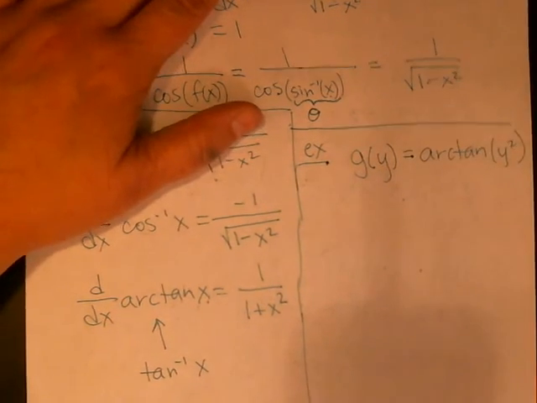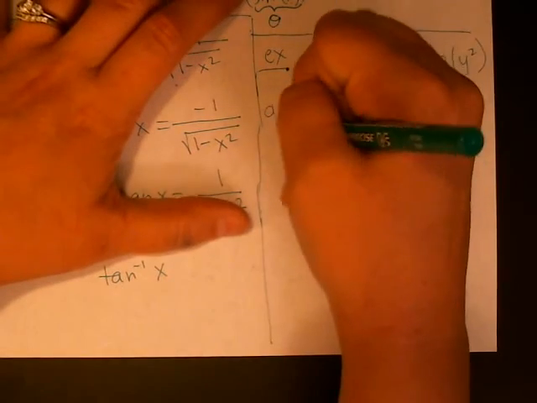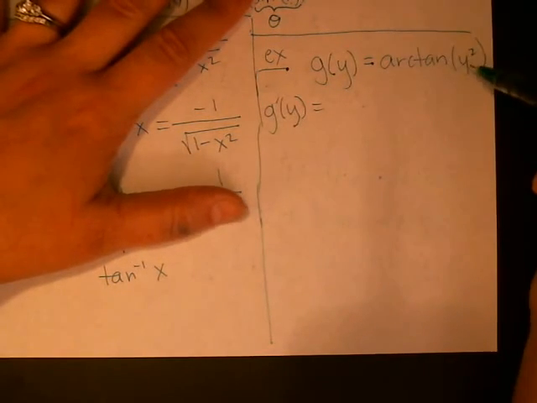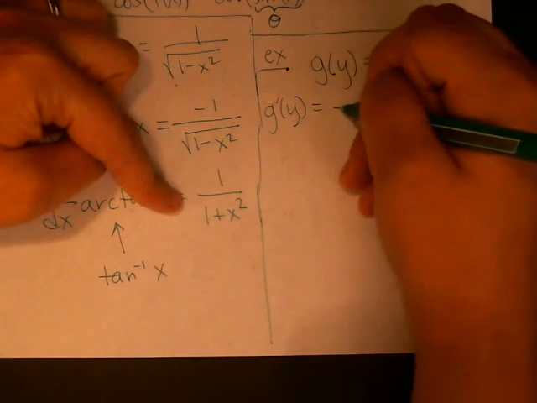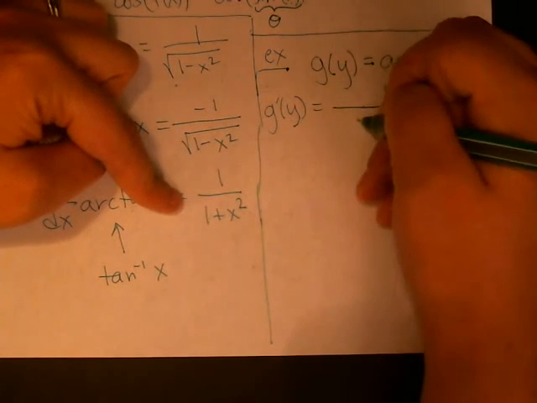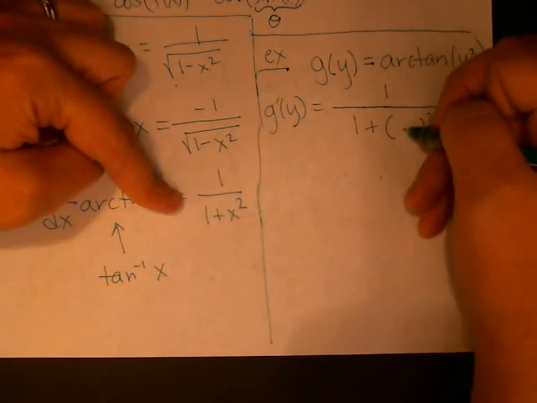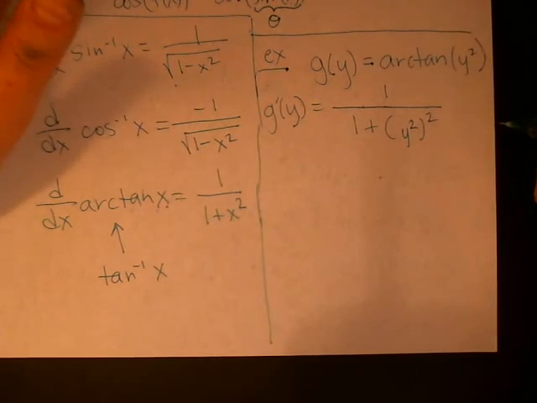That's not very messy, but the powers get people in a little trouble sometimes. If I was looking for g prime of y, I'd say, okay, this is arctan of stuff, and the derivative of arctan is 1 over 1 plus stuff squared. So I'm going to have 1 over 1 plus stuff squared, and that stuff is y squared. Having both of them squared sometimes gets people in trouble.